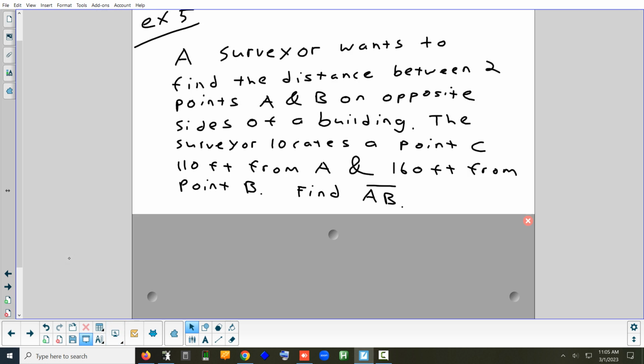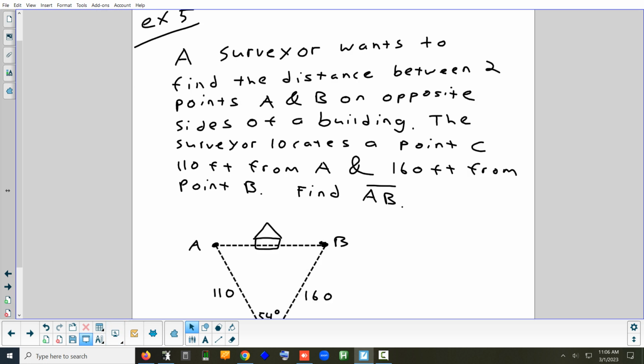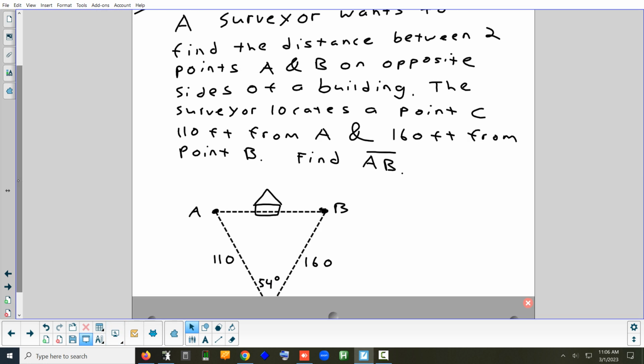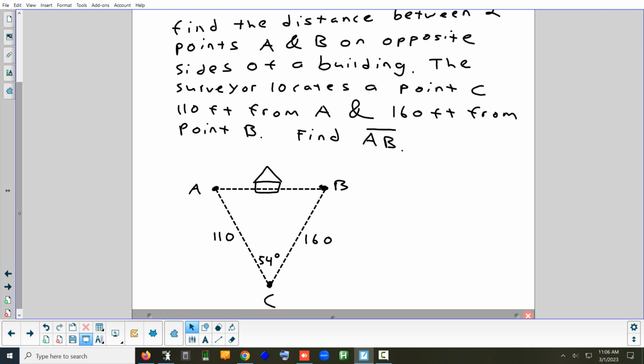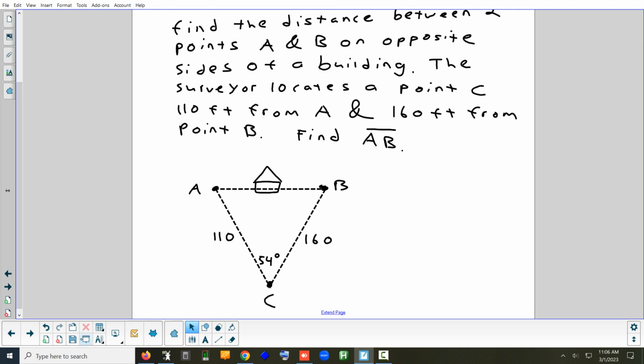So I have a sketch of the whole thing right there. The surveyor wants to find the distance between 2 points on opposite sides of a building. The surveyor is going to be standing at point C. And then we know a couple different numbers to put into the problem.